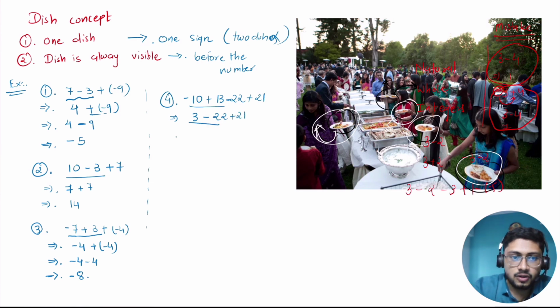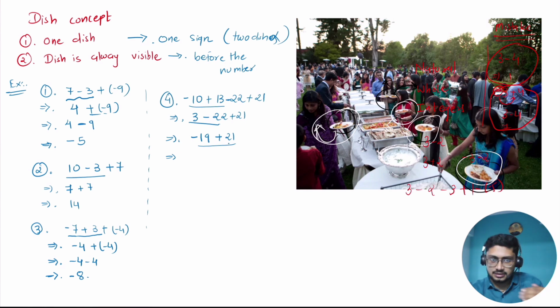Again make a group of two. Positive is less, negative is more, so the answer is negative. 3 minus 22, the answer is minus 19 plus 21. Now last: negative is less, positive is more, so the answer is positive. That's how we are going to solve all those numbers.